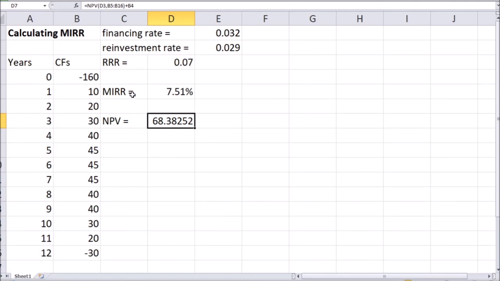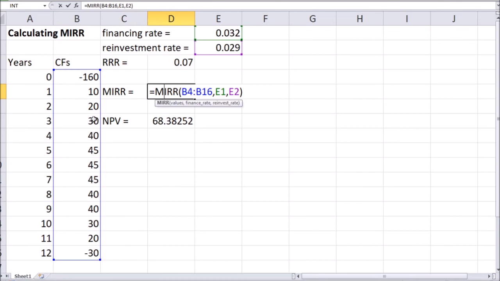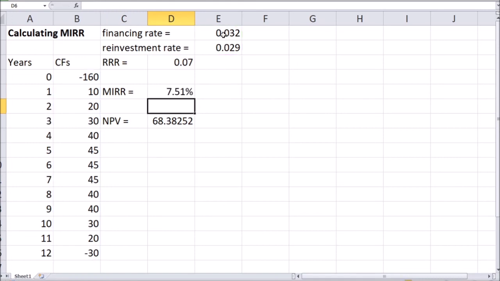But sometimes modified internal rate of return would tell us that we should reject the project despite NPV being positive. So sometimes these two can conflict as well, because modified internal rate of return includes more details in addition to the required rate of return. So depending on what's the financing and reinvestment rate, the conclusion of calculating the MIRR might be different. So let's change these rates.